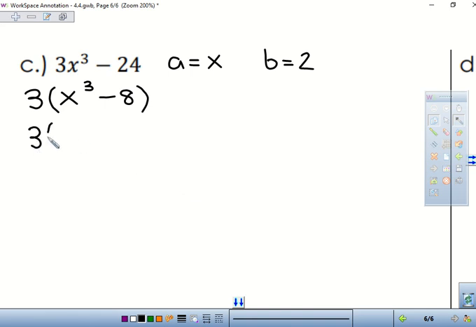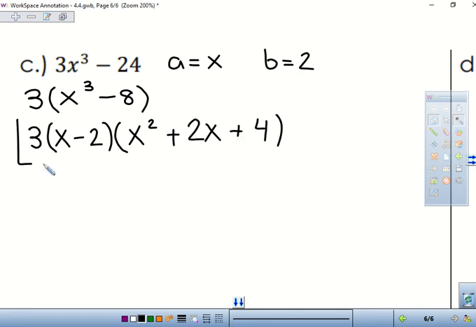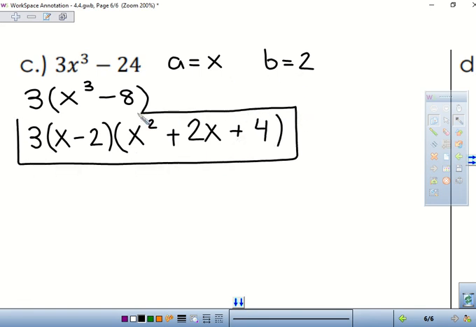The 3 comes down, and it's minus, so it's going to be a minus b times a squared, plus a times b, which is 2x. Wait, it's plus, sorry. Plus b squared, which is 4. And that will be your final answer.